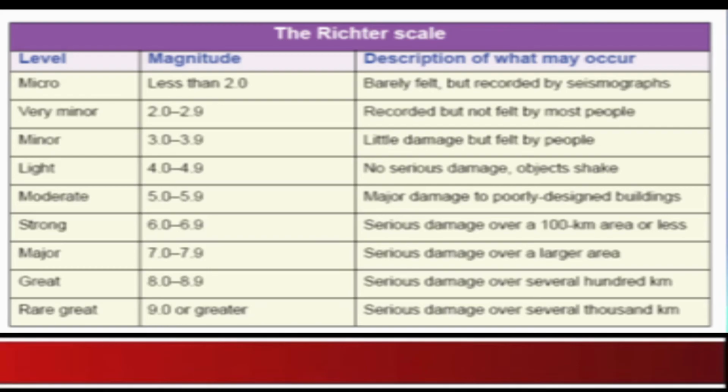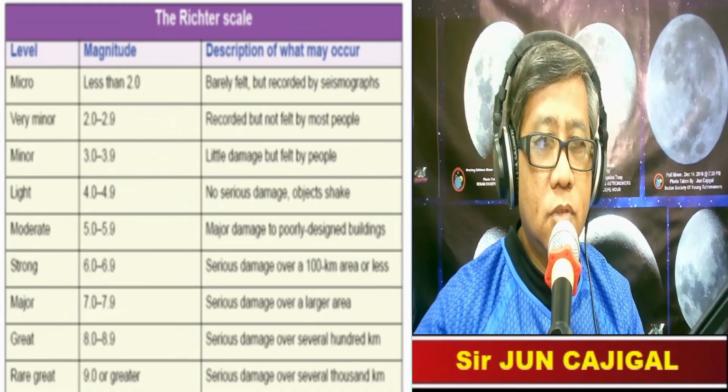So giba yan pag ang earthquake ay nasa magnitude 5 to 5.9. Okay, if the earthquake has a magnitude of 6 to 6.9, there is serious damage over a 100 kilometer area or less. Okay, so habang tumataas yung magnitude, we could see more damages to property and probably the more lives would be taken. Okay, so that is the Richter scale.